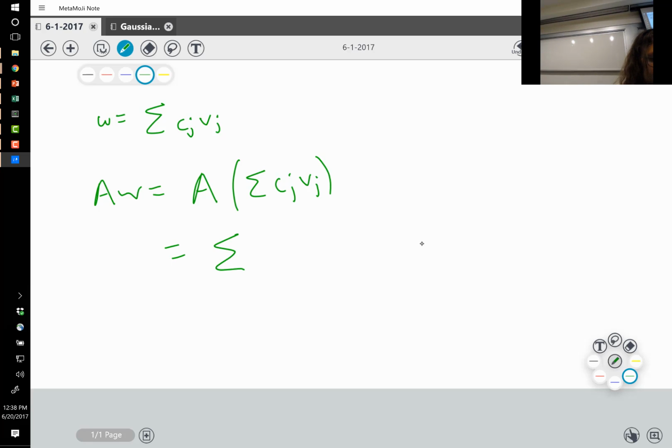You can pull the A inside. Remember, C is just a scalar, so we can pull the matrix into that. And then how can I rewrite this? The hint is that the vectors v are eigenvectors of A.